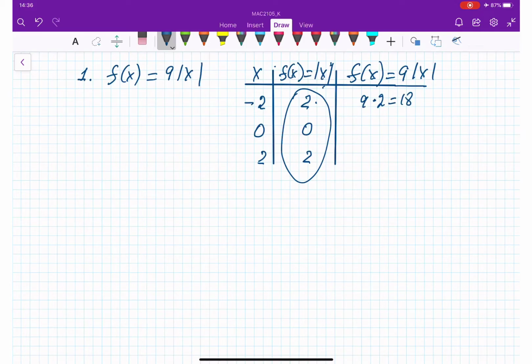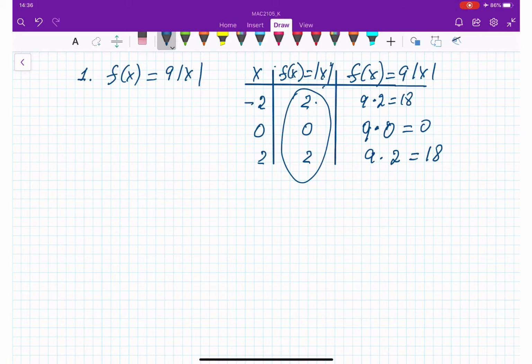Here, 9 times 0, it's going to be 0, and 9 times +2 is going to be 18. From what we see, our y, f of x, is positive. You can take as many negative numbers as you want, because from under absolute value, a positive number is going to come out, and the result is going to be positive.